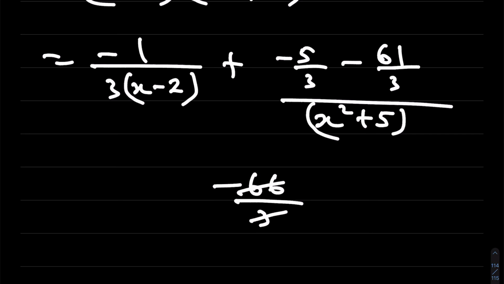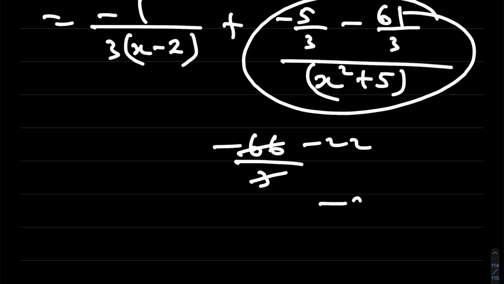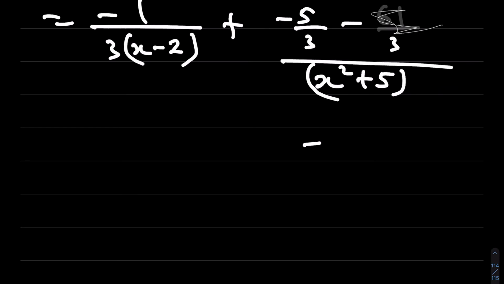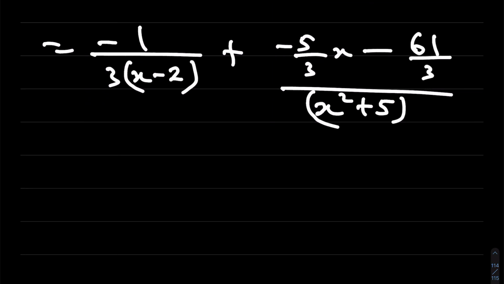And that will be minus 22. It's supposed to be bx plus c, right? So that's minus 5 over 3x. B is minus 5 over 3. That will be minus 5 over 3x. Plus c will mean minus 61 over 3, because c is minus 61 over 3.